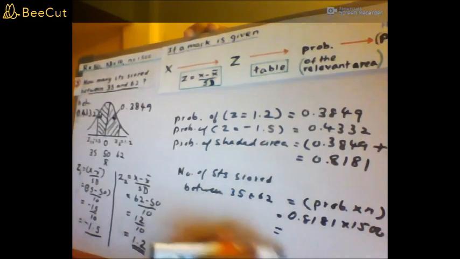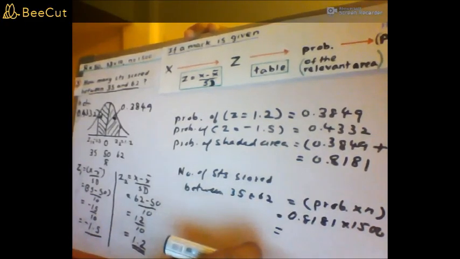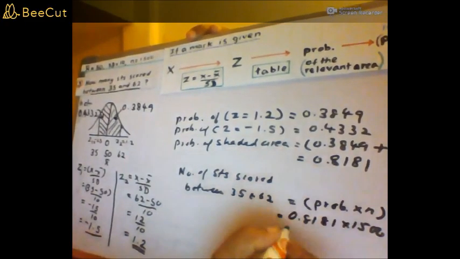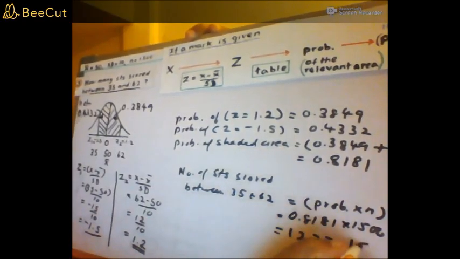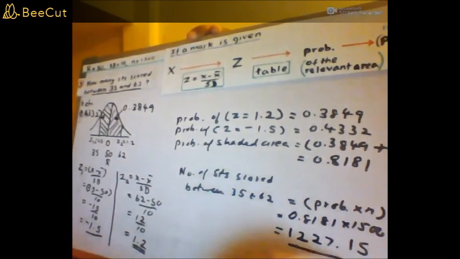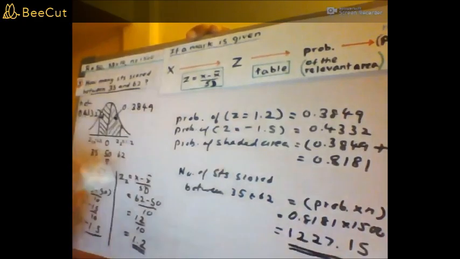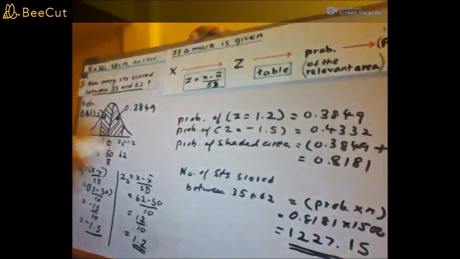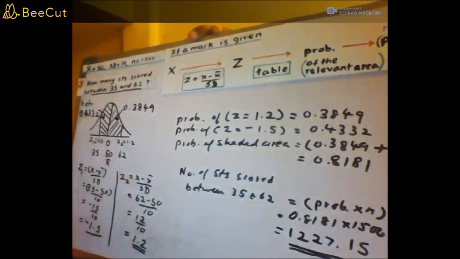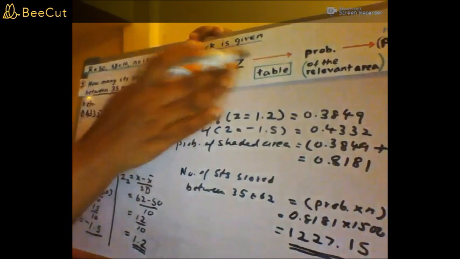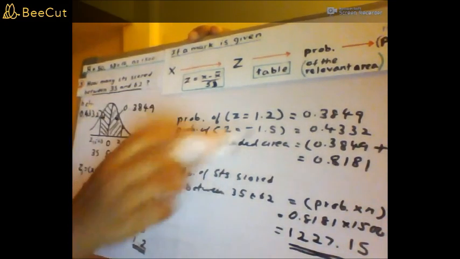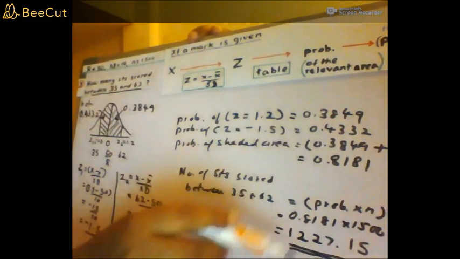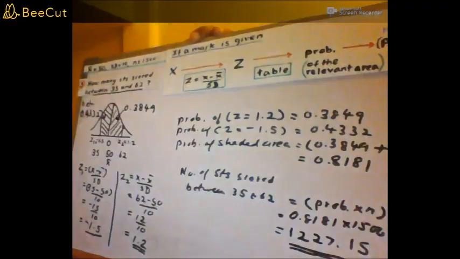The answer is 1227.1. So once you know how to draw these things, you can get the idea on how to do the problems. As I told you earlier, if you don't have time to write the lines, do these calculations properly and neatly.